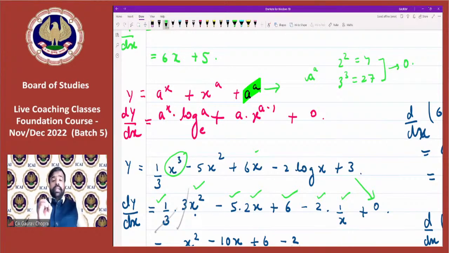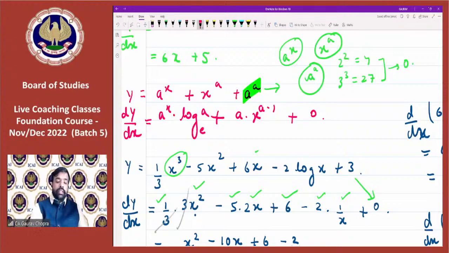So जब भी कोई वेरिएबल अटैच नहीं होता है कांस्टेंट के साथ में, then उसका डेरिवेटिव 0. और अगर a की पावर x होता, that means variable is attached. अगर x की पावर a है, that means again variable is there. इन दोनों केसेस में वेरिएबल available है, but in a to the power of a there is no variable.